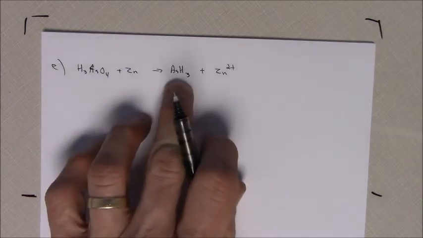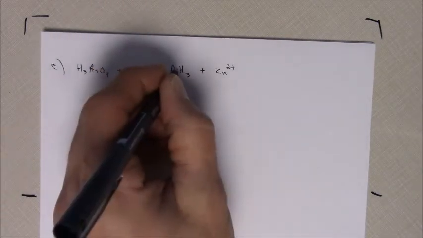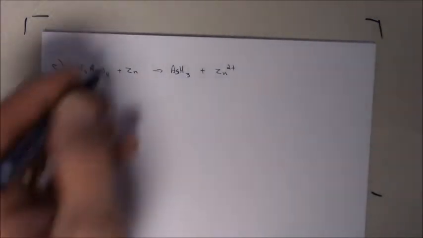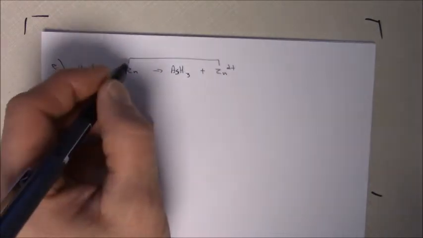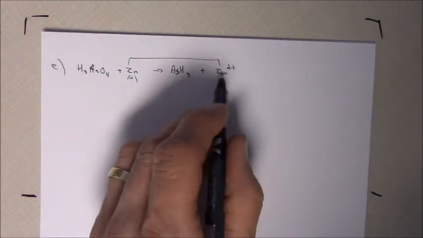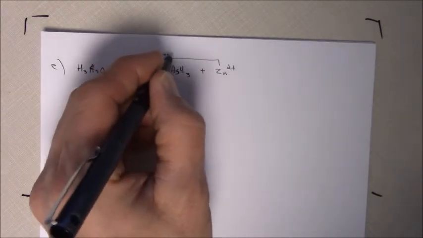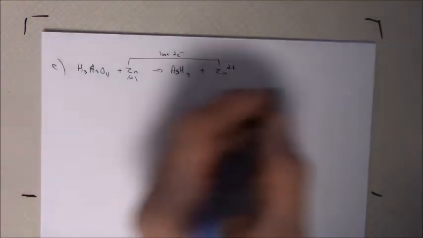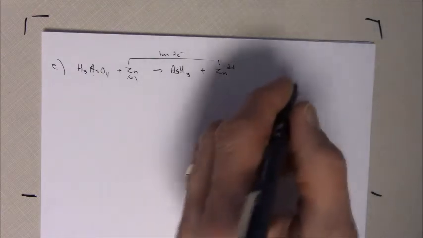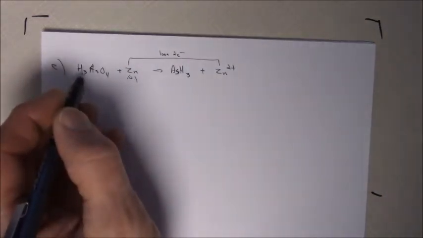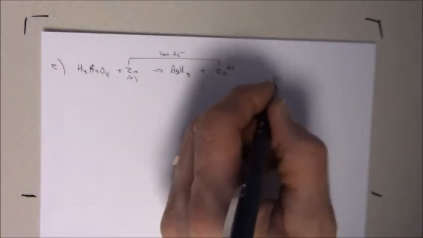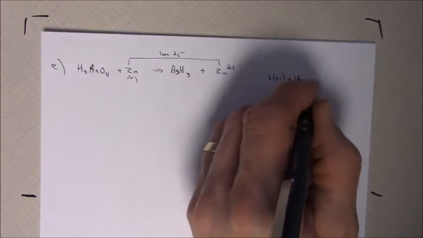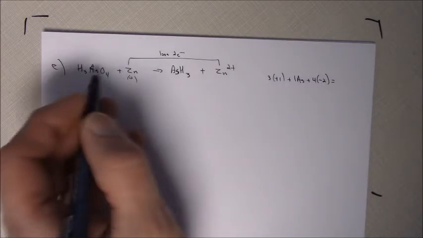H3ASO4, you got zinc, you've got AS, H3, zinc 2. So again, we know zinc, clearly this is zinc 0, and it loses 2 electrons. What's arsenic doing? So arsenic over here, you've got 3 H's, which is always plus a 1, plus 1 arsenic, plus 4 times -2, and that equals 0.